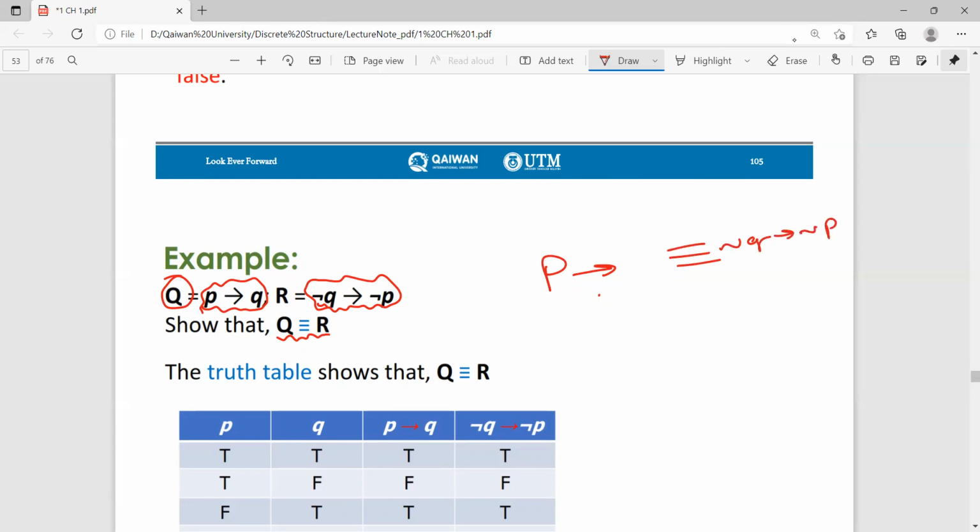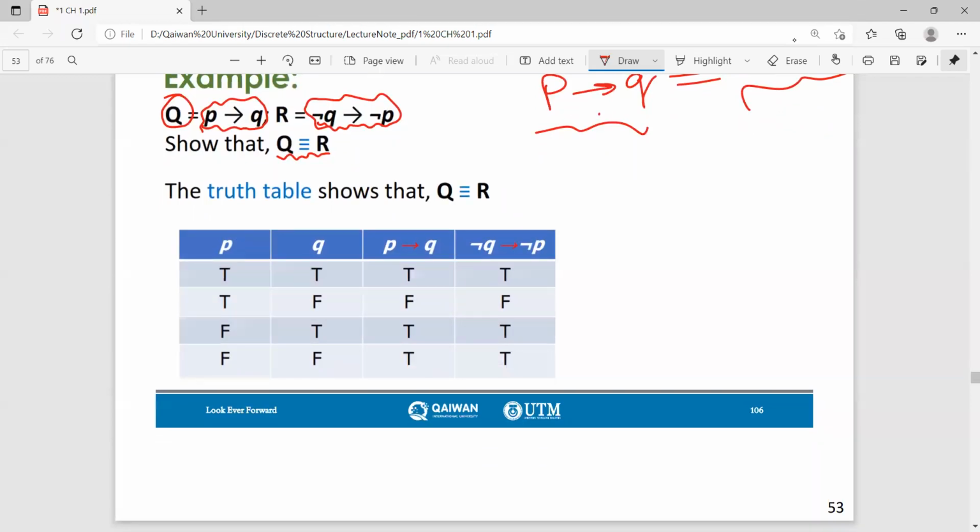Okay? You must show that this statement equals that statement in the truth table. You must get the same value for each in their columns in the truth table. We use a truth table to show whether two statements are equivalent or not.